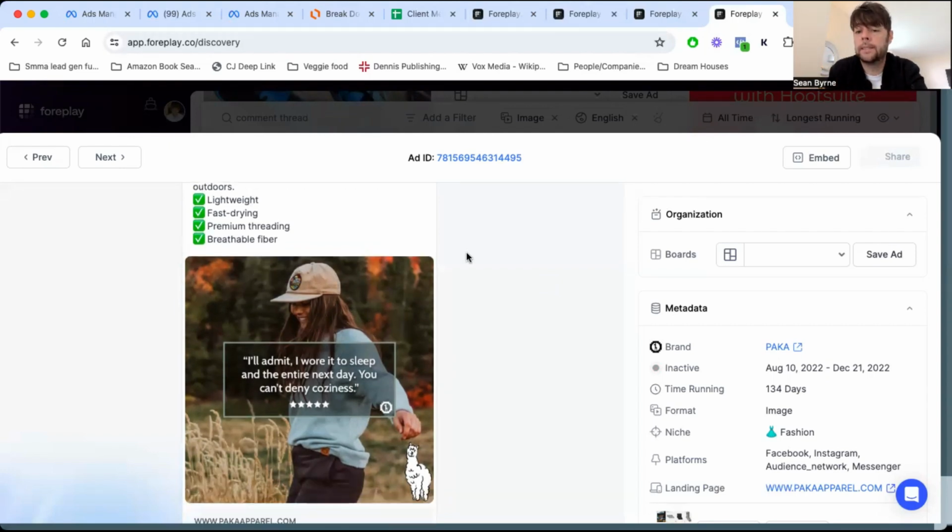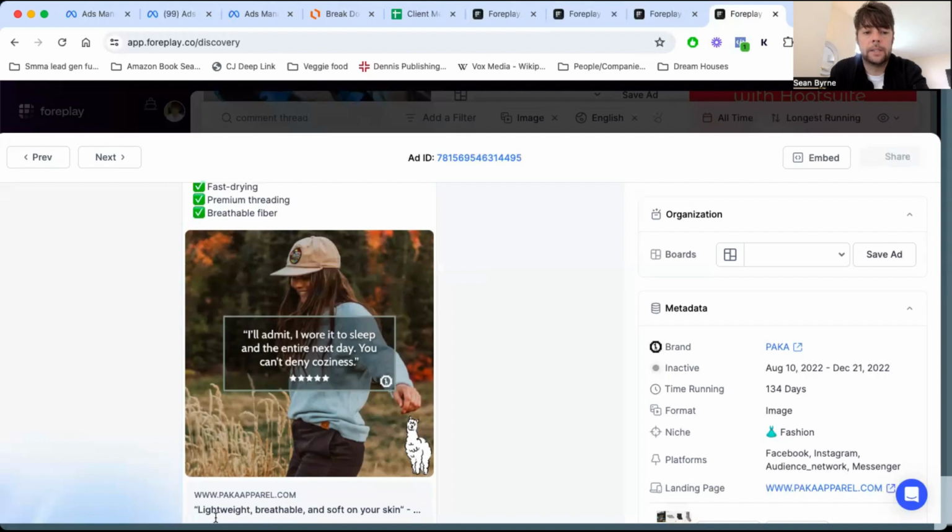But this is a simple testimonial ad, and I spoke about this in a previous video as well. What I like about this is the headline here: lightweight, breathable, soft on your skin. It's showing the benefit of using this apparel, and it's a simple testimonial where it's like, I'll admit I wore it to sleep and the entire next day.